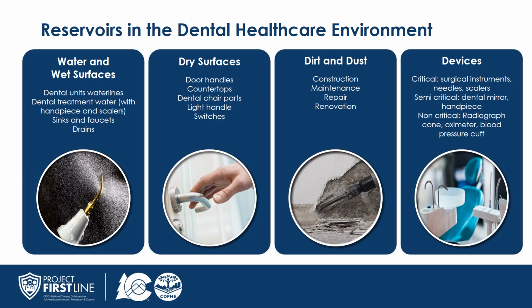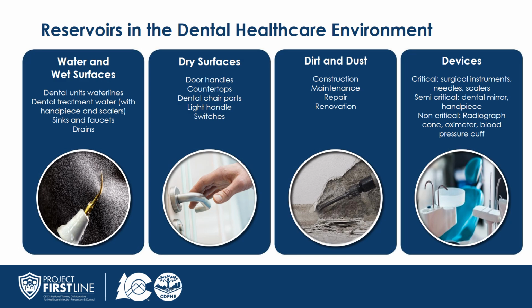First, water and wet surfaces. In a dental setting, we focus on the dental unit water lines and treatment water, as with handpiece and scalers, and also sinks, faucets, and drains. Second is dry surfaces. The most common dry surfaces we see in the dental setting are the dental chair, light, handles, countertops, and instrument trays.